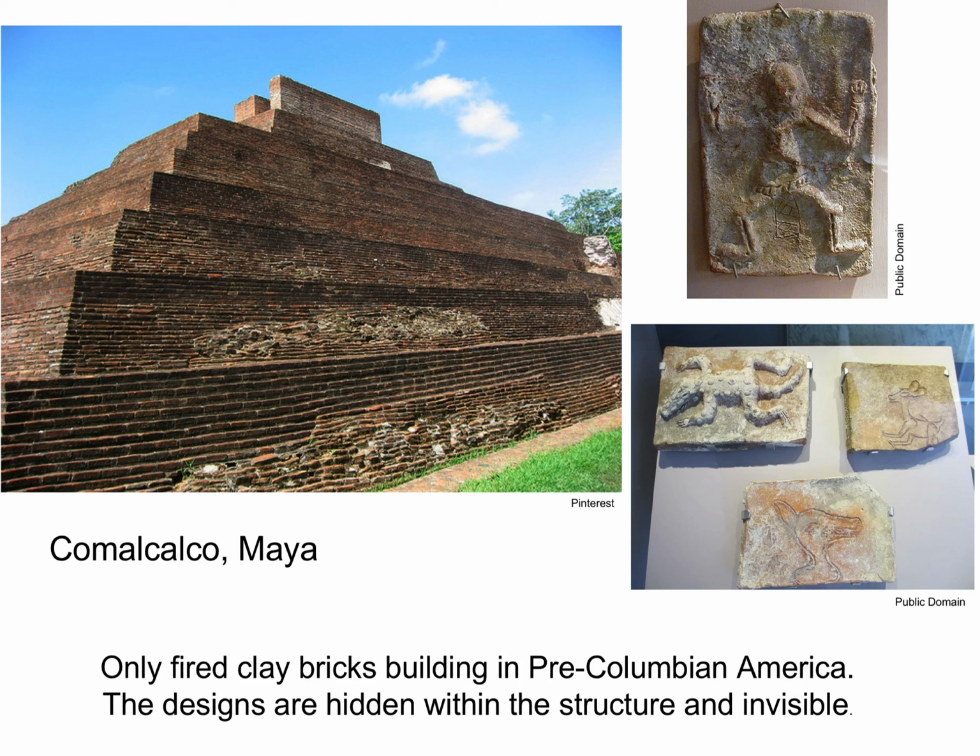What's also very interesting about that building is that there are no designs visible at all on that building, but when you remove the bricks, the designs are hidden behind the brick within the structure, and they are invisible for us to see. They're only there for the gods and for the spiritual world.